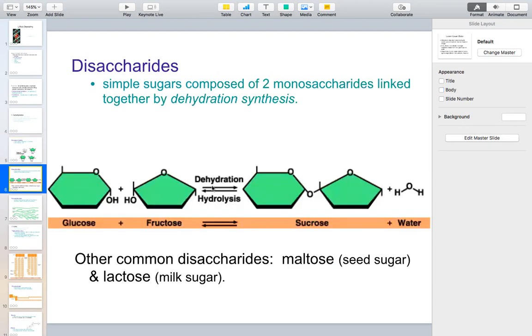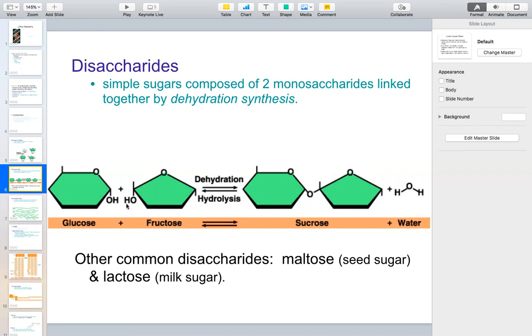And then through dehydration synthesis, and these arrows mean that the chemical reaction can go back and forth, it can go in either direction. We can have dehydration synthesis where we remove the water. So we can remove a hydrogen and a hydroxyl group and join this carbon with this oxygen and this carbon with this oxygen.